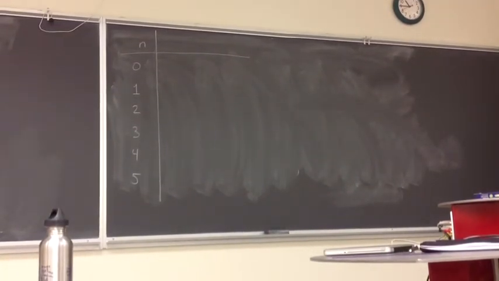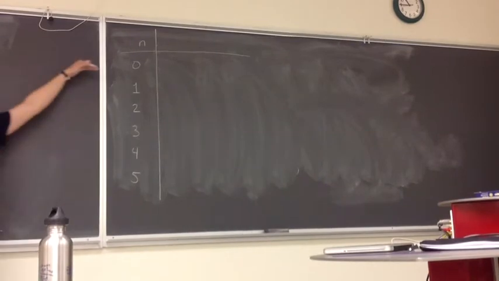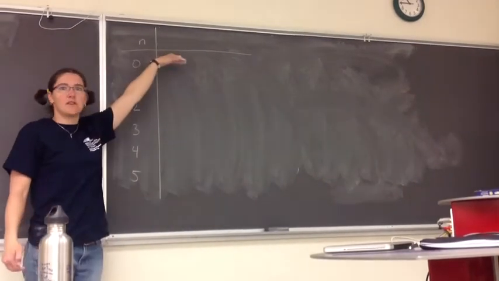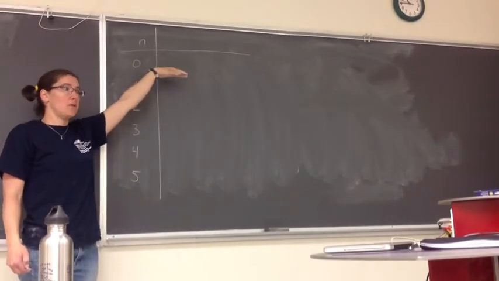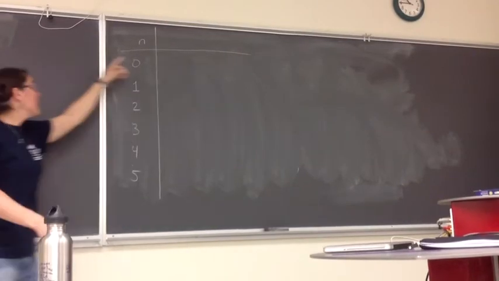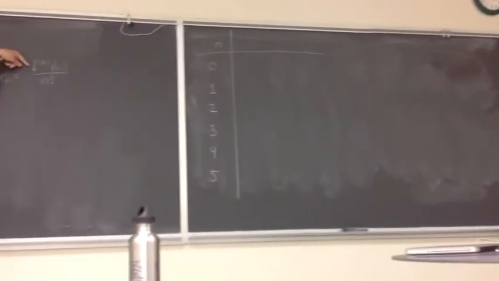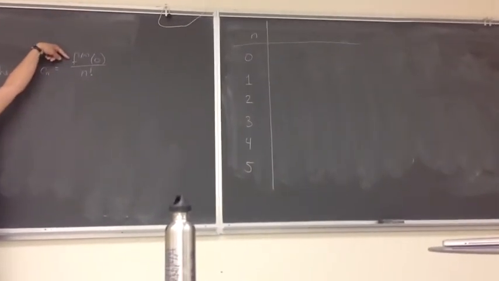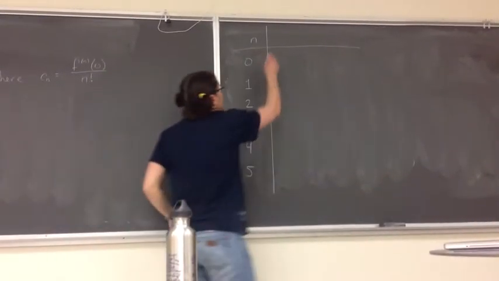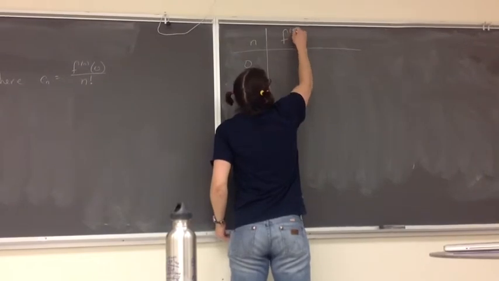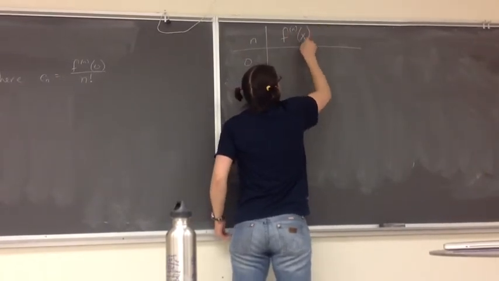When n equals 0, we want to figure out what c0 is equal to, and then what c1 is equal to, etc. So my formula says I'm going to need an nth derivative, and then I'm going to have to evaluate that derivative at 0. So my next column is going to be the nth derivative of our function.